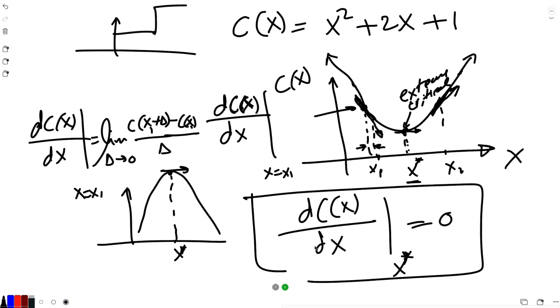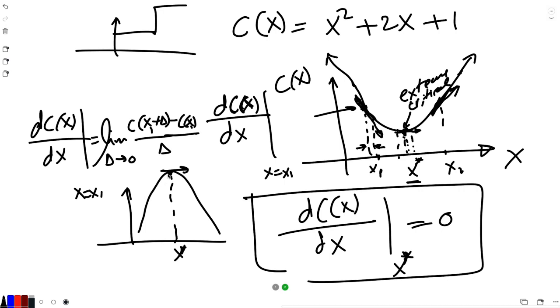However, it is actually very easy to know whether it is a maximum or minimum. One way, in this simple case of one parameter, is to take one point before and one point after the extreme point. If you find that the slope goes from negative to positive, it means that we were at a minimum point.